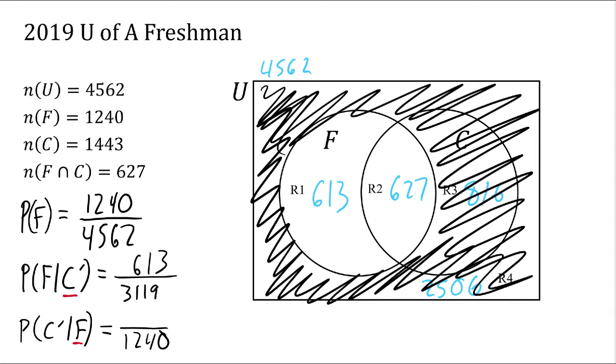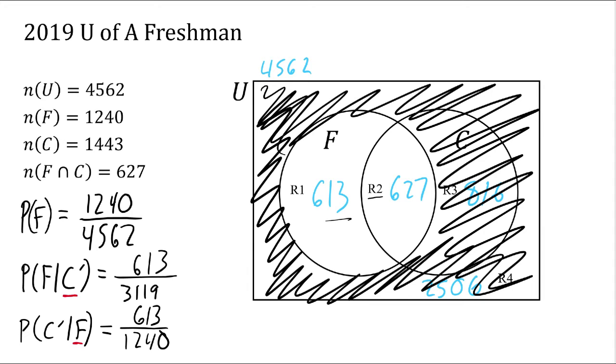And our numerator is going to be the number of those students who are not in English composition. Well, the region 2 students are in English composition. The region 1 students are not. So that's 613. So the probability that a student is not in English composition, given they are in finite, is 613 of the finite students out of the total number of finite students, 1,240.